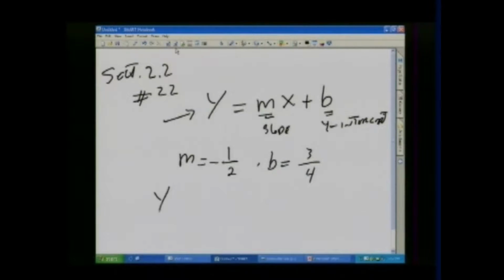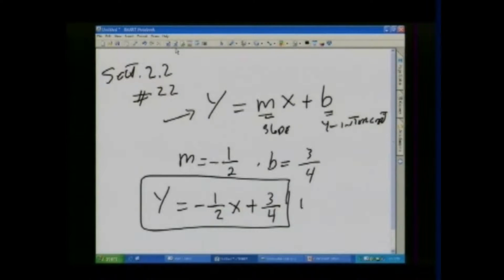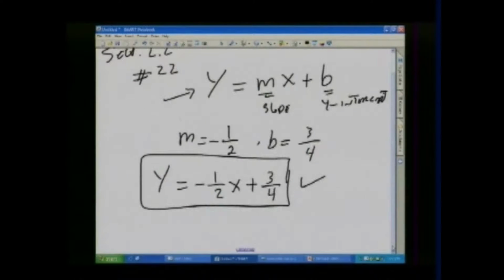So you get y equal to minus 1/2 x plus 3/4. That's all you have to do here. This is the equation of a line with the slope of minus 1/2 and the y-intercept of 3/4.